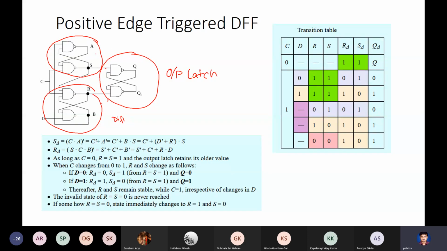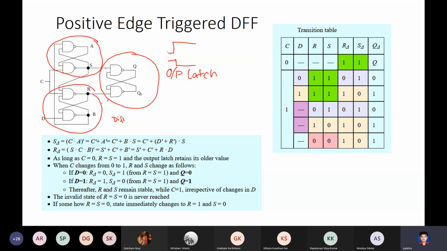So the first latch sets in the positive; the enabling happens only in the positive. The second latch, the enabling is the reverse, so enabling happens in the negative, in the other part.